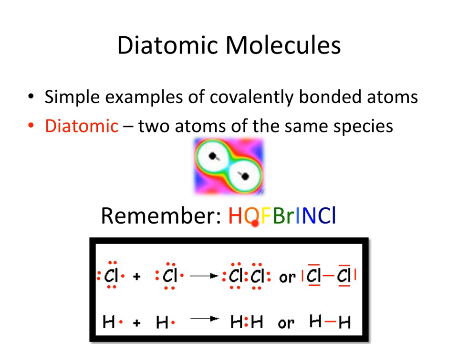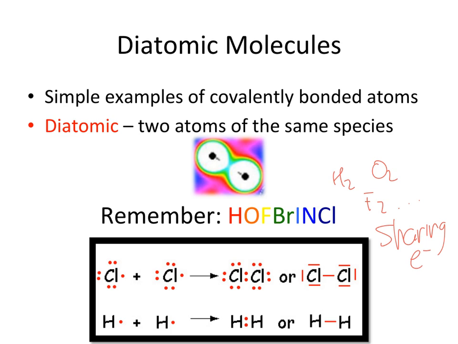Hydrogen, oxygen, fluorine, bromine, iodine, nitrogen, and chlorine. So all of these will form diatomic molecules, for example, H2 or O2, F2, etc. And they all do this by sharing the electrons, that bonding pair of electrons.